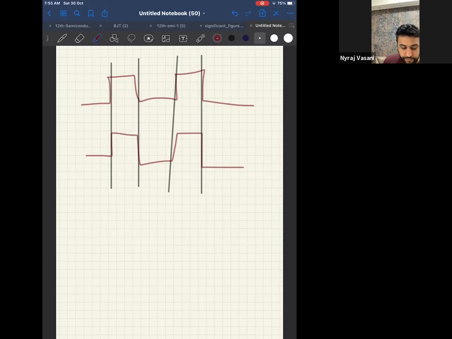Now this graph is fed to OR gate. Draw the output. This is A and this is B. Get the output of OR gate.